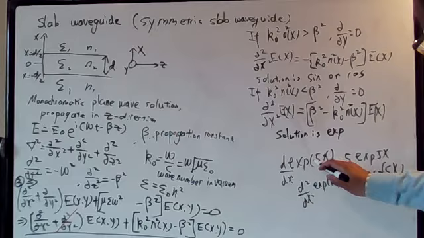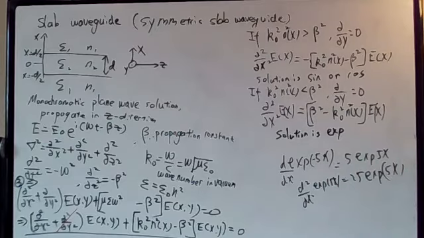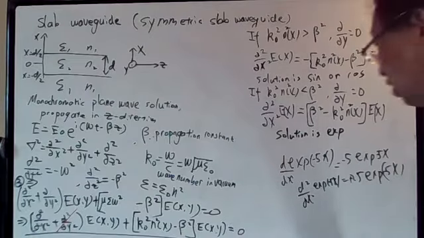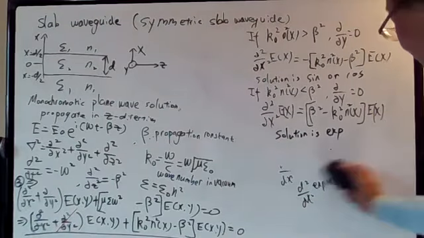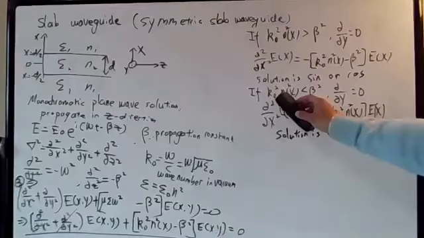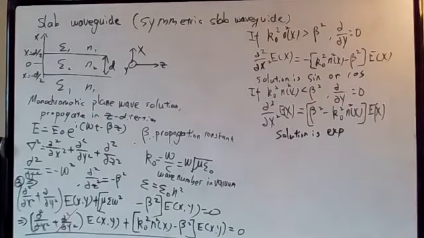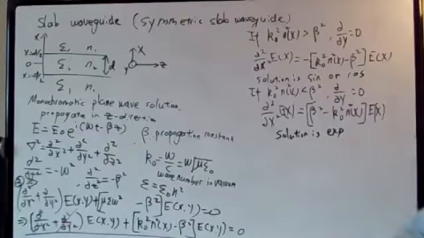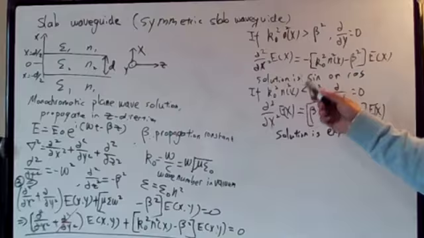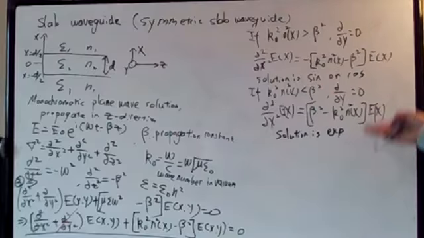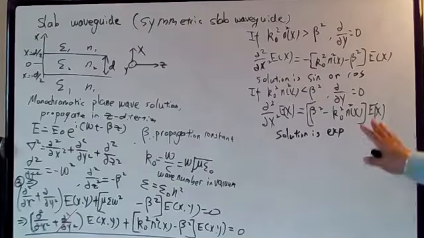For example, if I have a -5 here, then this becomes -5, but with another -5, this becomes +25. So exponential will not give me a negative sign here, but sine and cosine will. So depending on whether k0 square nx square or beta square is bigger, our solution could be sine, cosine, or exponential. Questions?